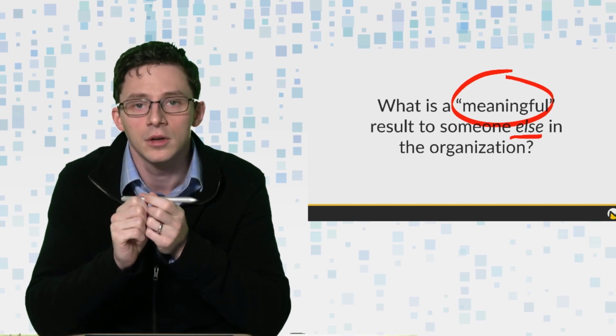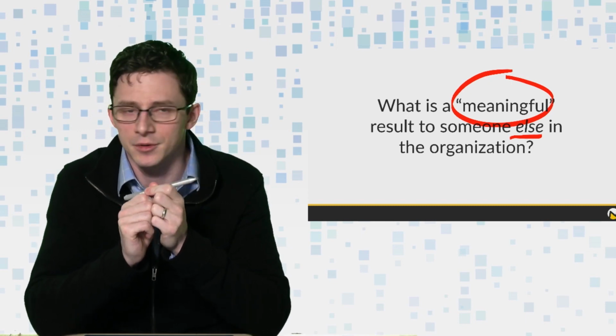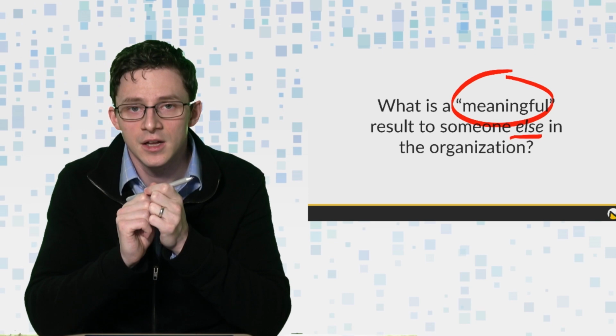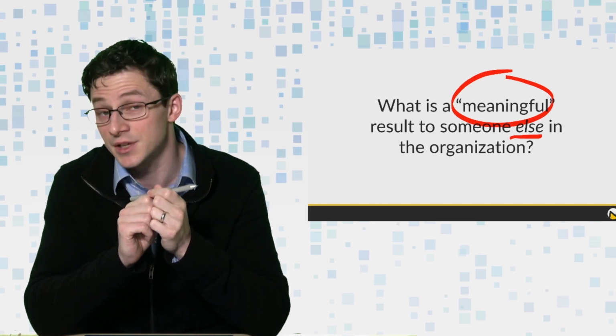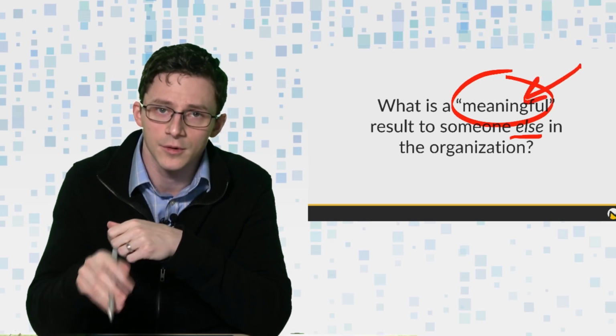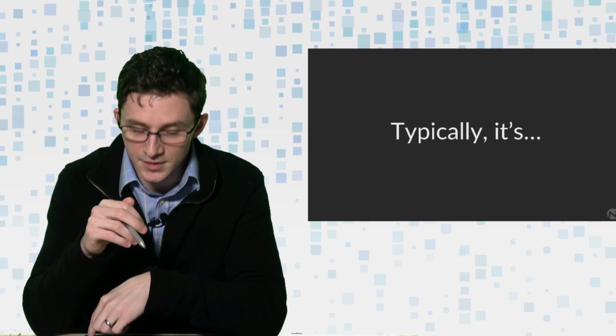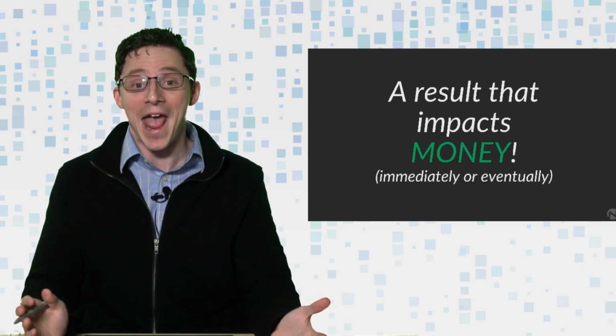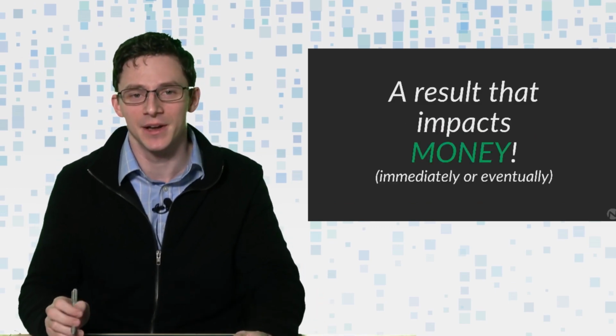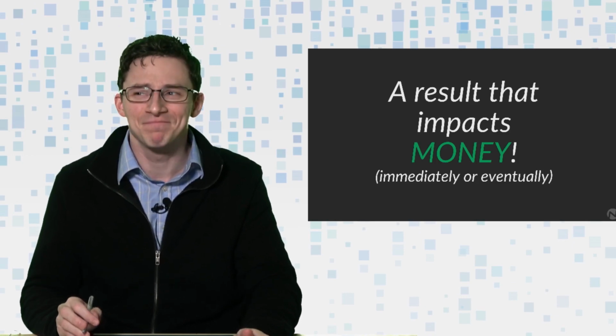Others are going to have to agree to it at some point, okay? So the only way you're going to get somebody to agree to it is if it's something that they're also interested in, something meaningful. So the question is, well, what's meaningful? Typically it's money. It's a result that impacts money, so donation revenue.